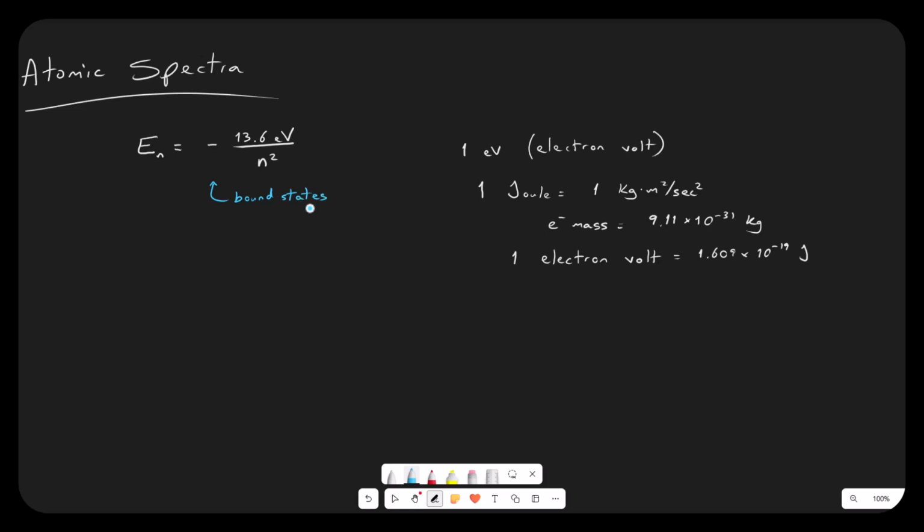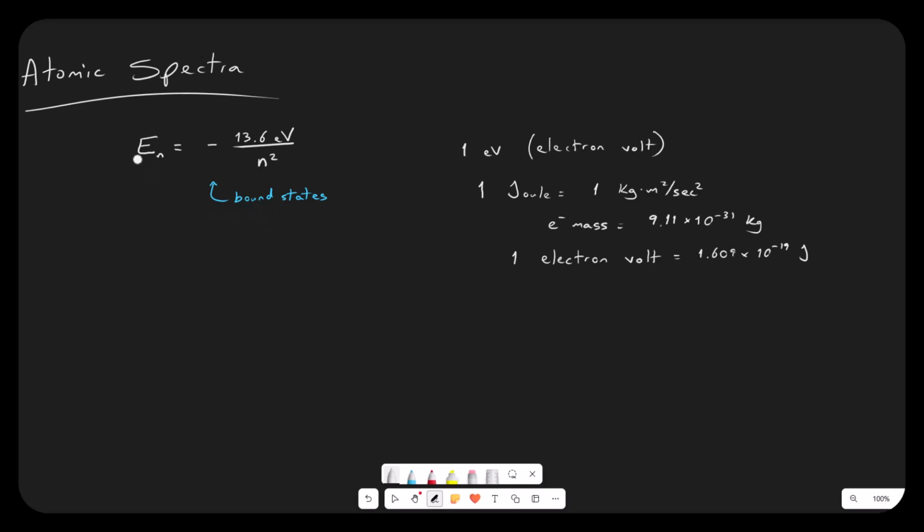A bound state just means this electron is going to be associated with this proton, with this nucleus, as long as our total energy is negative. If our total energy gets to 0 or positive, then that means that's a free electron. It's no longer associated with the atom. So bound states, same as we did back with planets.